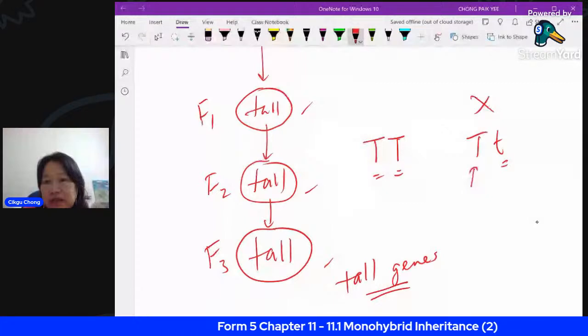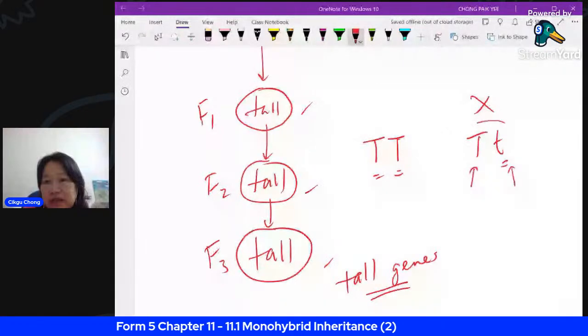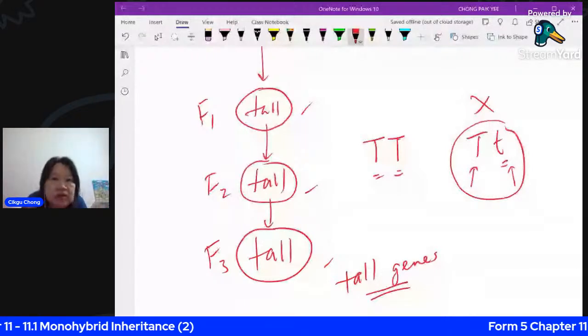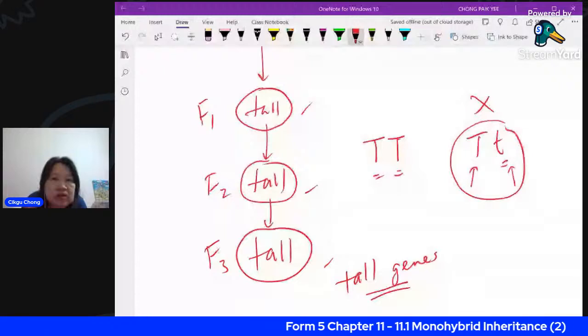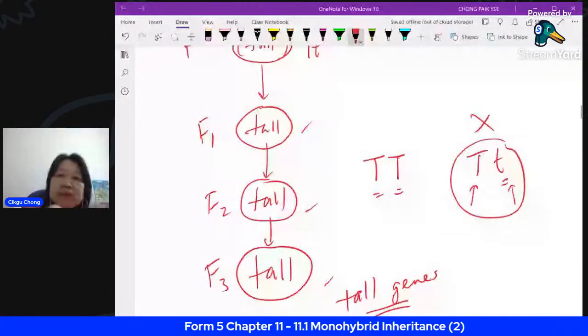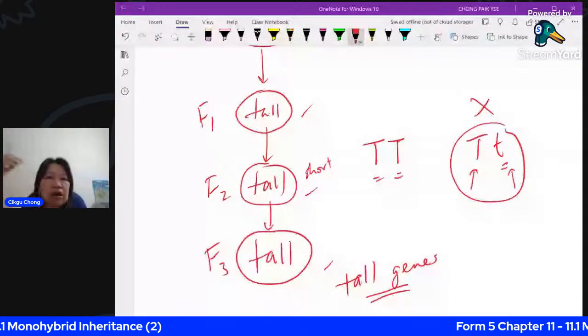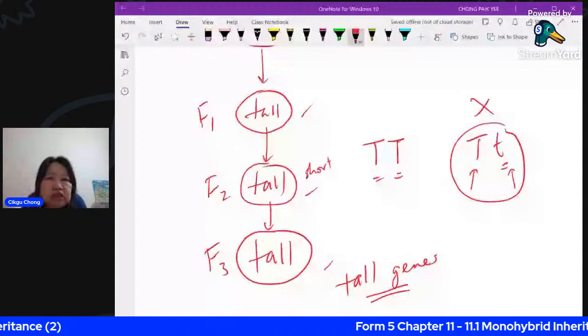If it is this type, if you started with this as a parent, the next generation maybe you do not get short, but in a later generation you may have short already. It will appear. Because if you have that gene, somehow or other, along the generations, this gene will show itself. You will show the shortness there.